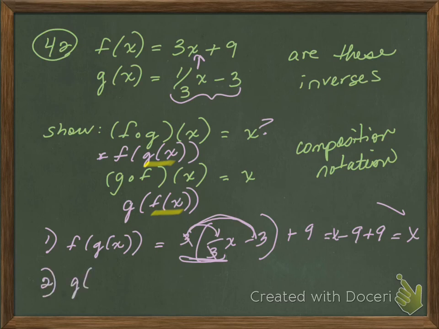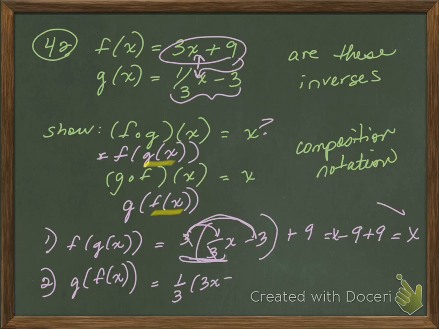The second one that we have to show is g of f of x. We have to show that that's x. So what we're going to do is identify our function g and replace x with f. So here we're going to take this 3x plus 9 and put it inside of our function g. So we have 1/3 times 3x plus 9 minus 3.